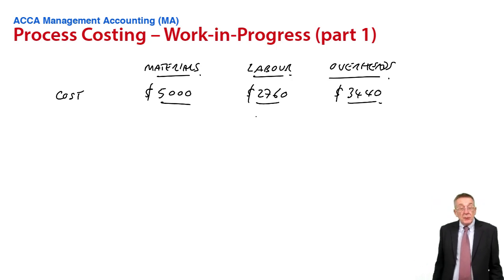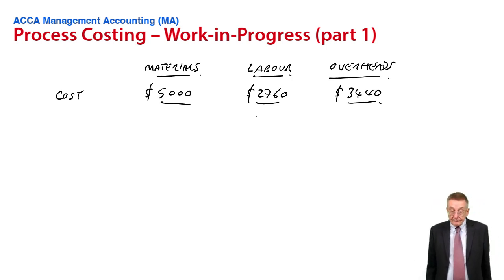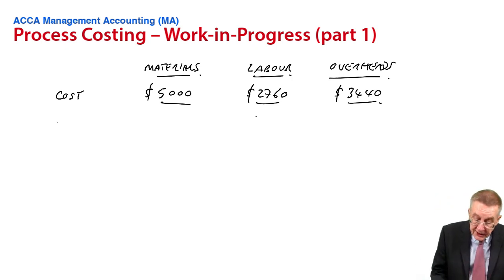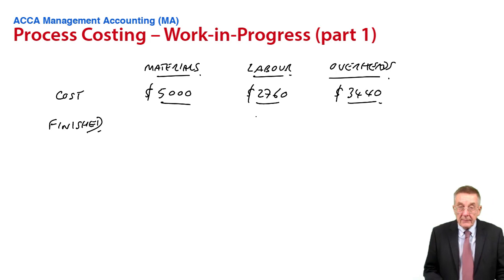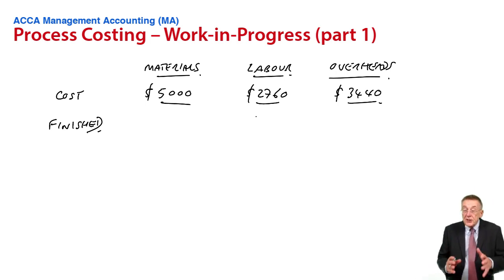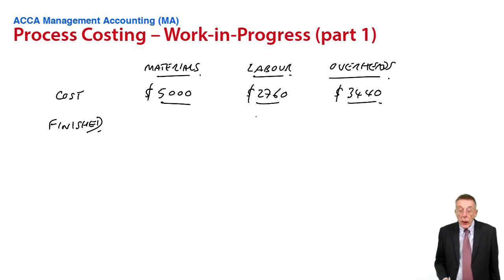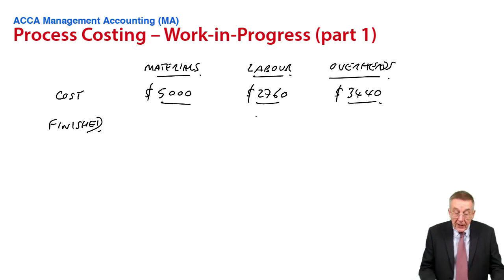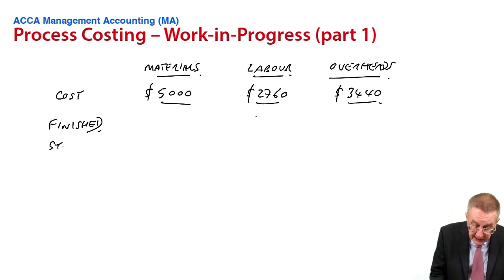We then say, what did we spend it on? Well, that money has been spent on two things. It's been spent on some units which were completely finished, so some of the money was spent finishing some units completely, but some of the money was also spent starting the work in progress.